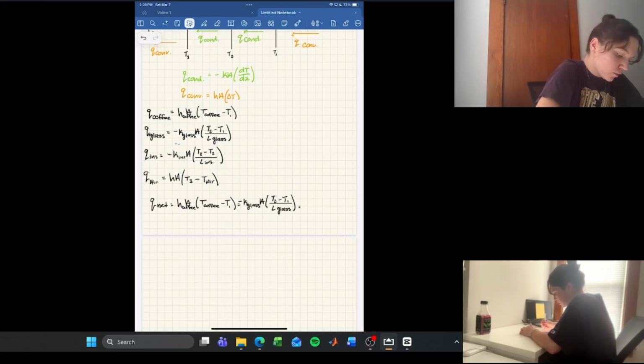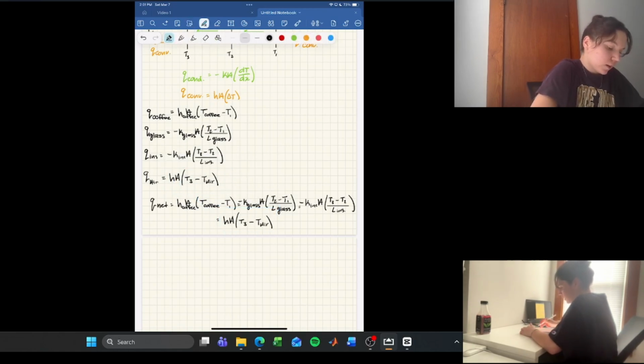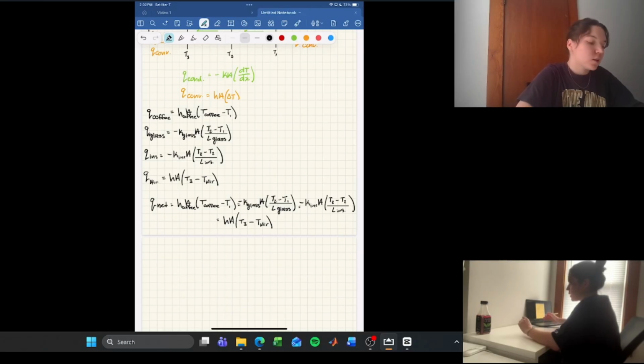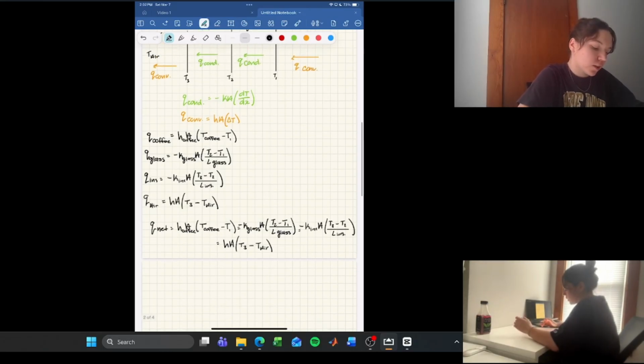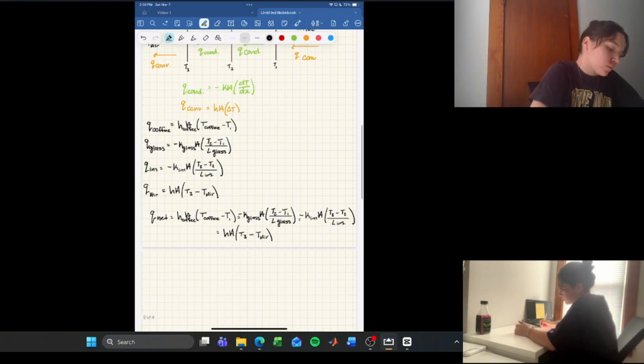I'm going to run out of room here. And then it's also equal to the heat flow of the air. So something like that. And then similar to the last video, we want to find the resistance of all of these, or the thermal resistance, rather.